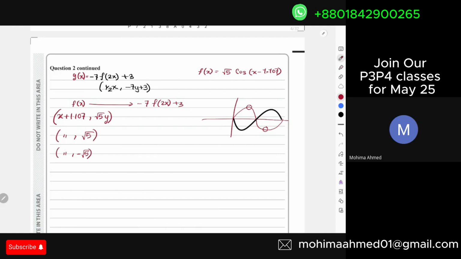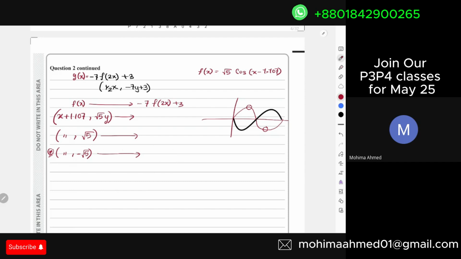Not focusing on the x-axis this time, because they were only asking you for the y coordinate. And again, over here, if I want to convert this one, this is going to be my maximum point. After multiplying by -7, this was your hint that if we have a -7 over here, that means the minimum point of the original graph will become the maximum point of my translated graph.